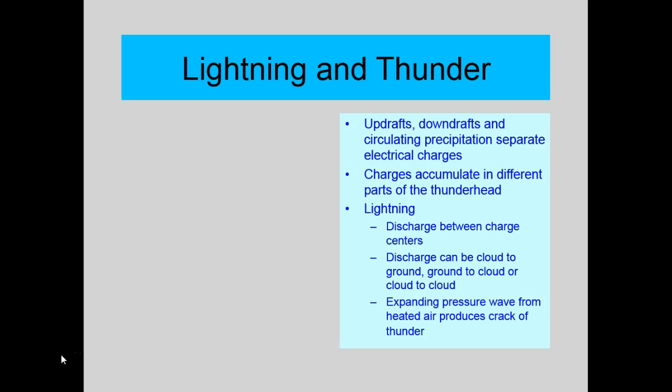Believe it or not, though, you can have a very big positive center up here getting closer to the ground, and the ground's neutral, but it's still a big potential difference, and you can actually have discharge going from ground to cloud. With slow speed film, you can capture something and spread it out over time.